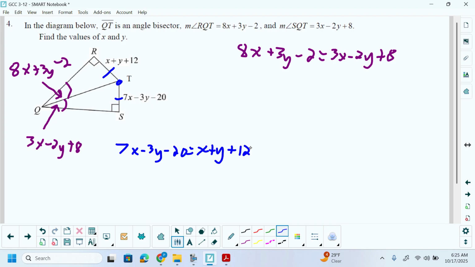And we'll again get these in elimination form by getting the x's and y's over on the left, the constants over on the right. So I'm going to subtract my 3x over to give us 5x plus 3y minus 2 equals negative 2y plus 8.